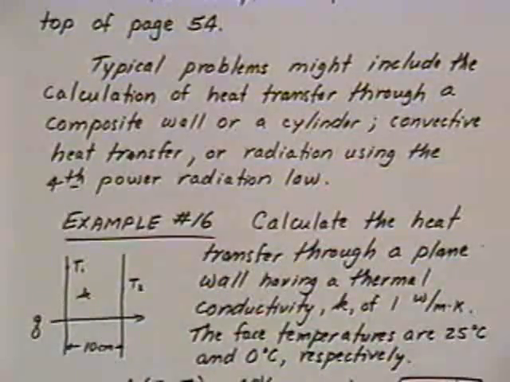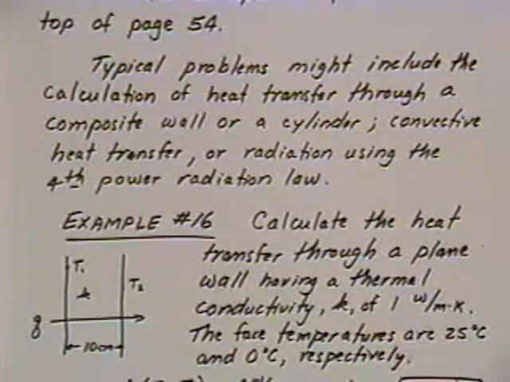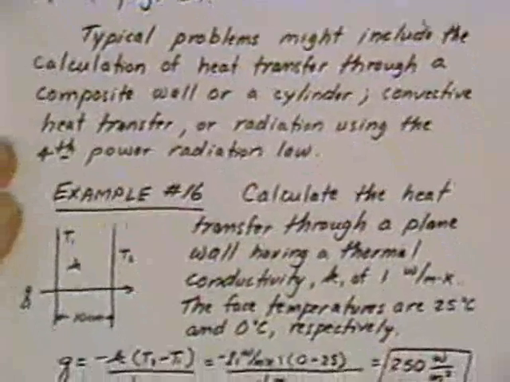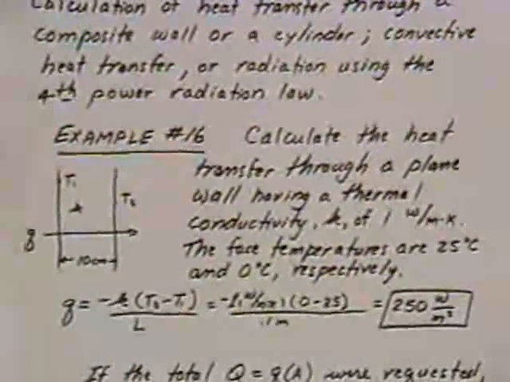There could be some problems on convective heat transfer: heat transfer equals the heat transfer coefficient h times area times a temperature difference, delta T. Or it could be radiation using the fourth power radiation law. So I've got 3 examples worked out that involve heat transfer through a plane wall, heat transfer through a composite wall, and heat transfer from a radiation heat source. Let's go through these 3 examples.